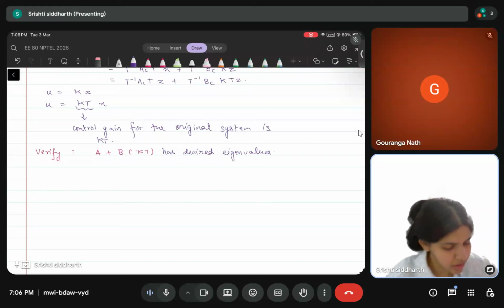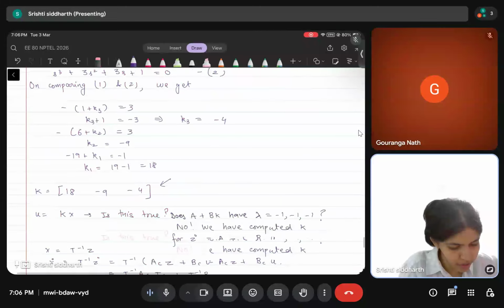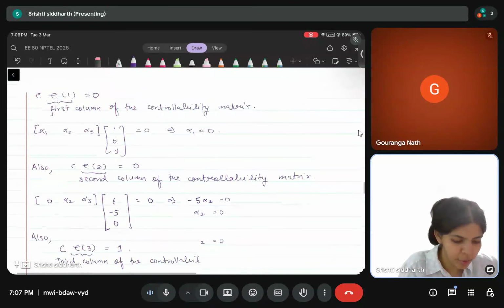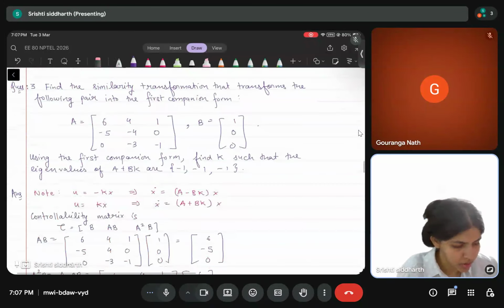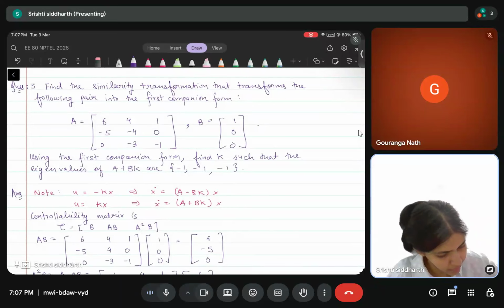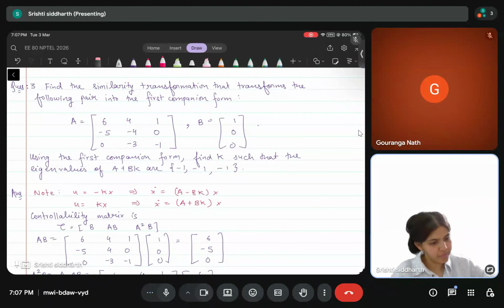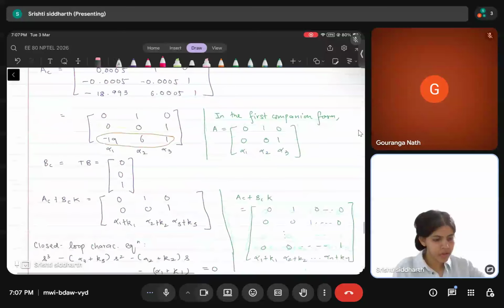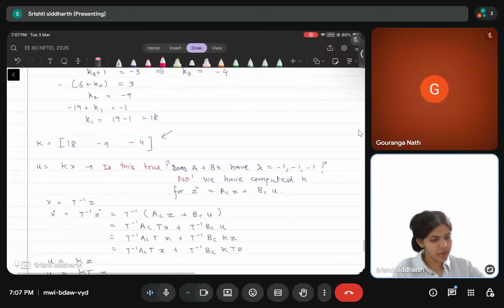So I think in this question we were asked to find the gain such that the CCF form has these eigenvalues. This is fine. We transform the system to the first companion form. But the eigenvalues of the original system, A plus BK, should be at minus 1, minus 1, minus 1. So just check whether these eigenvalues are there.